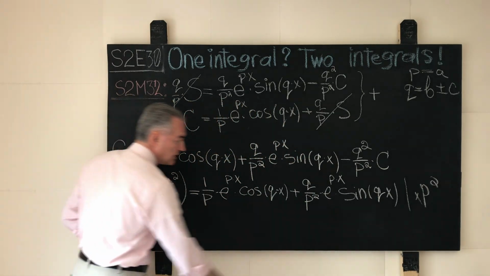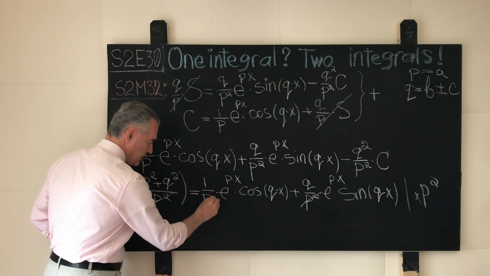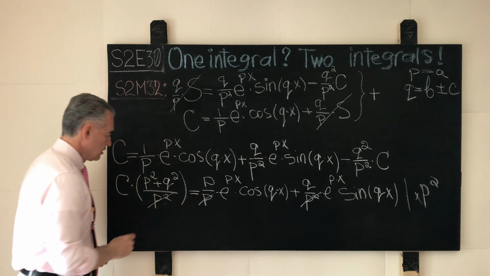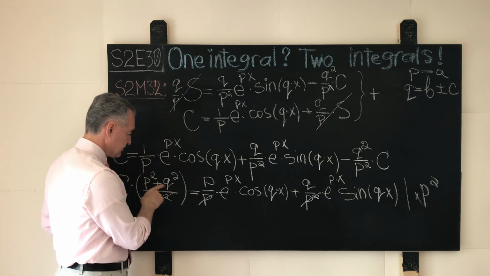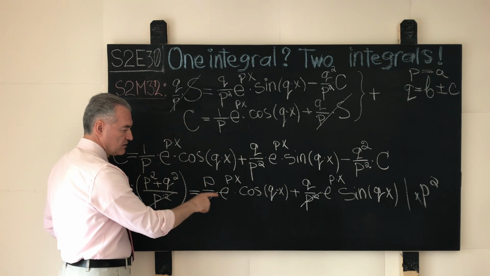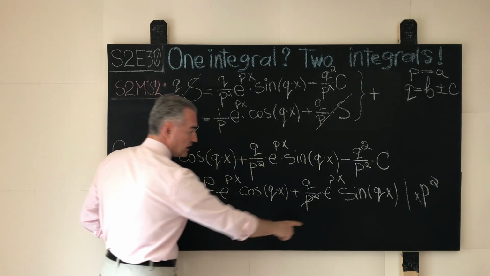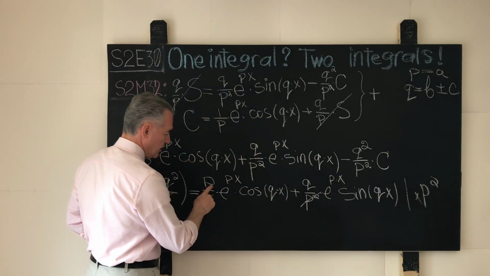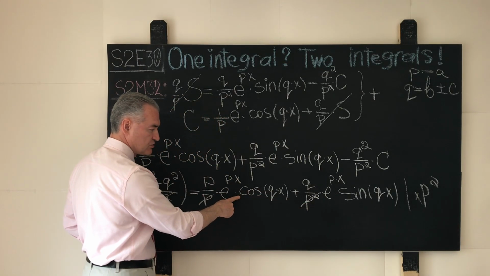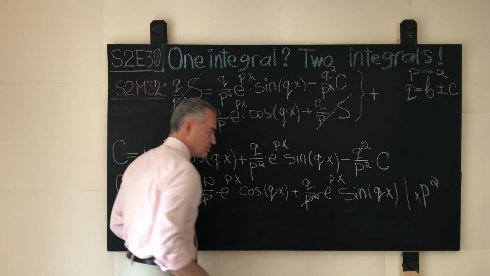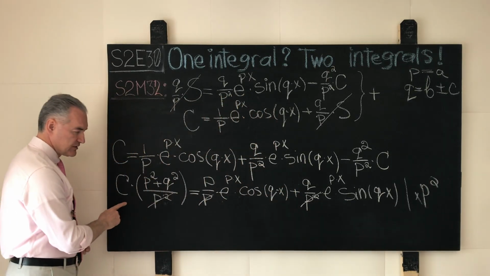Gone, gone, gone, and one copy of p goes over here in the numerator. So now we have c times the sum of squares, then the same exponent e raised to the power p times x, and then we have p times the trigonometric function of cosine plus q times the trigonometric function of sine.